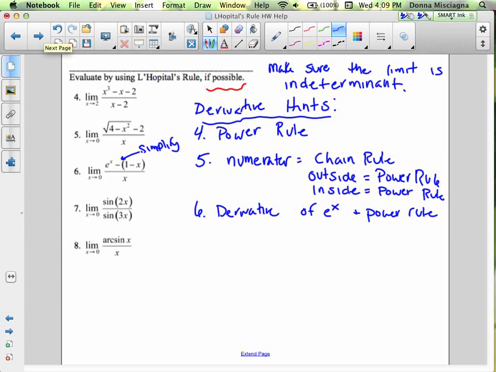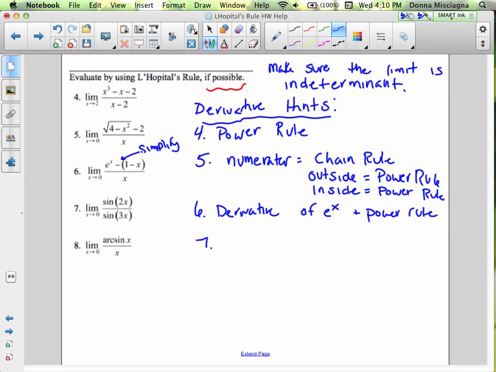All right, so 7. And by the way, I am giving you what the derivatives are. I am not guaranteeing you, just because I tell you what the derivative hints are, does not mean you will be using L'Hopital's rule. So do not in any way assume the fact that I'm giving you derivative hints means that the limit is indeterminate.